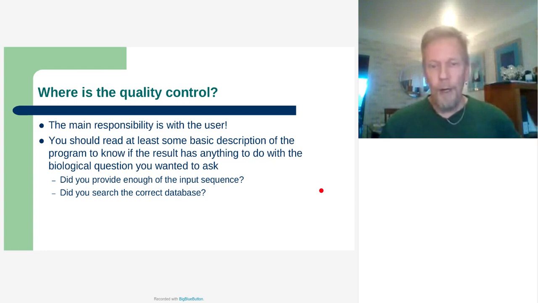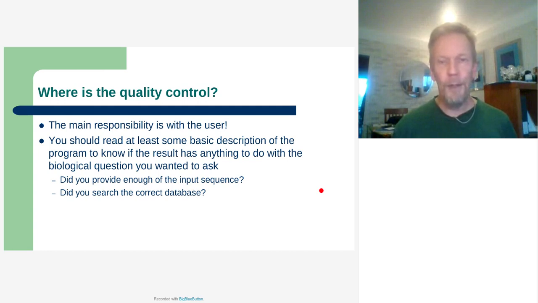Okay, then in addition to having the right kind of input and making sure that you vet your articles, or you have an authority like your bioinformatics teacher who tells you that this is a good and reliable tool that has been around for a long time, you need to see if your input is sufficient.